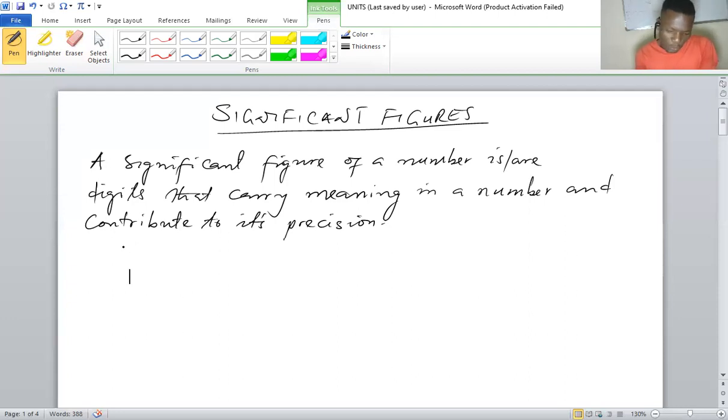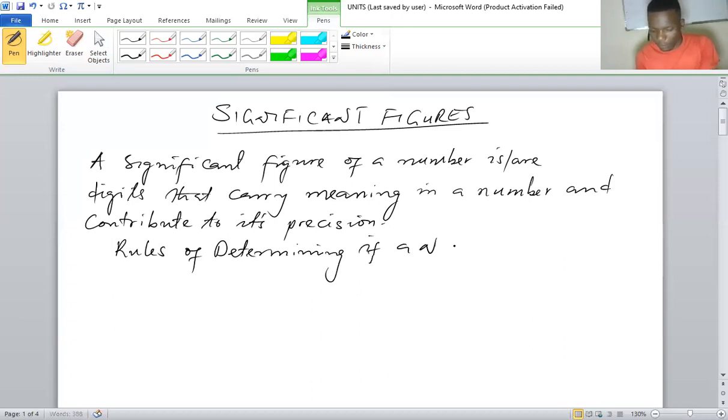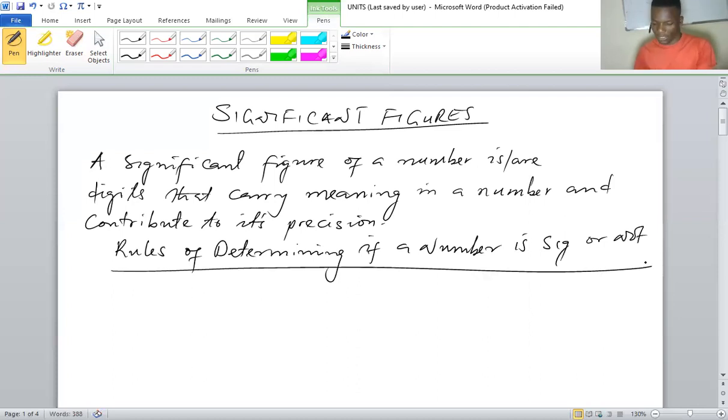So what are the rules of determining if a number is significant or not significant?